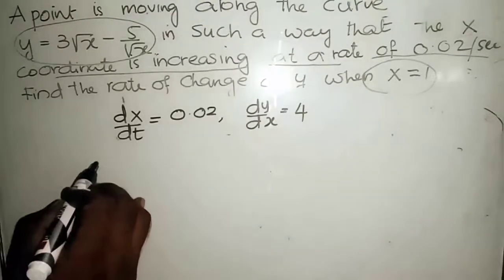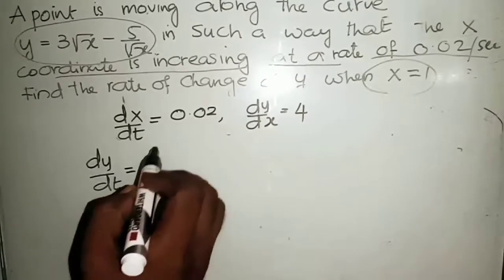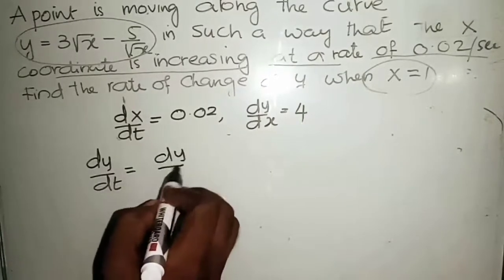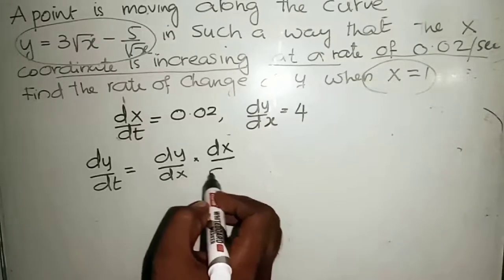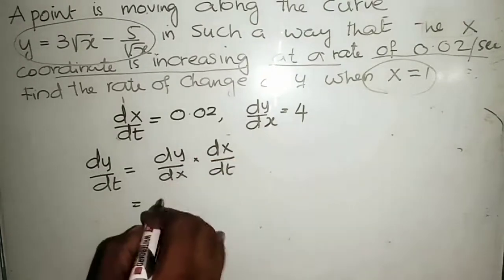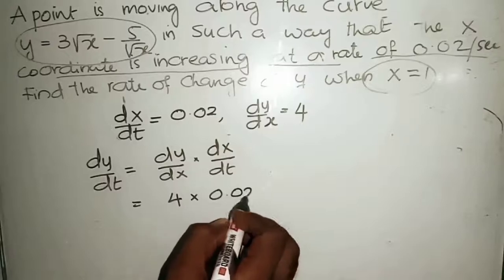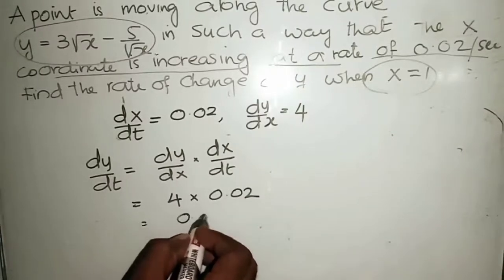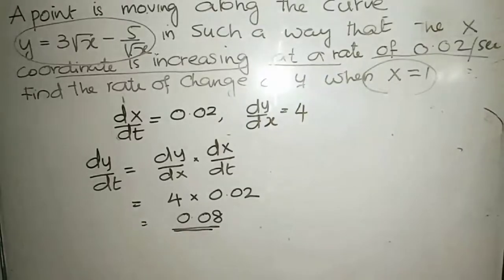So let's find dy by dt by using dy by dx multiplied by dx by dt, using the chain rule. Dy by dx is 4 multiplied by 0.02, we get 0.08, which is the rate of change of y with respect to time.